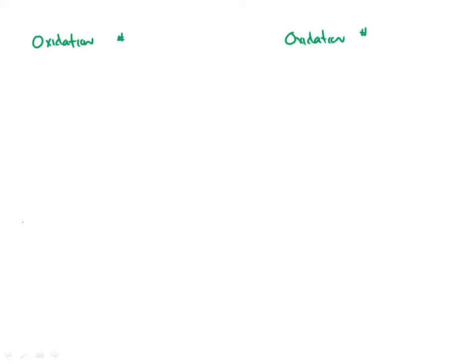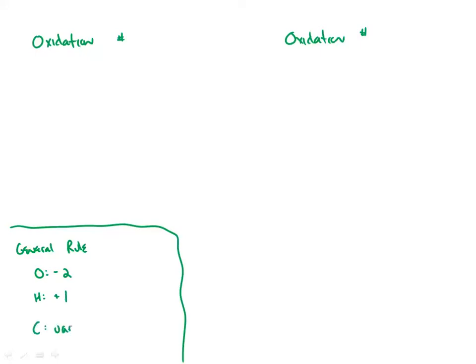And then off to the side, the general rule, remember, is that oxygens have a -2 charge, hydrogens have a +1 charge, and carbon is where it's variable, meaning that's where we have to do the work. So if I take a look at my fat and oil, and I've got a molecule that looks like this, we can ignore the carbon-carbon bonds because that's the same in both molecules, right?